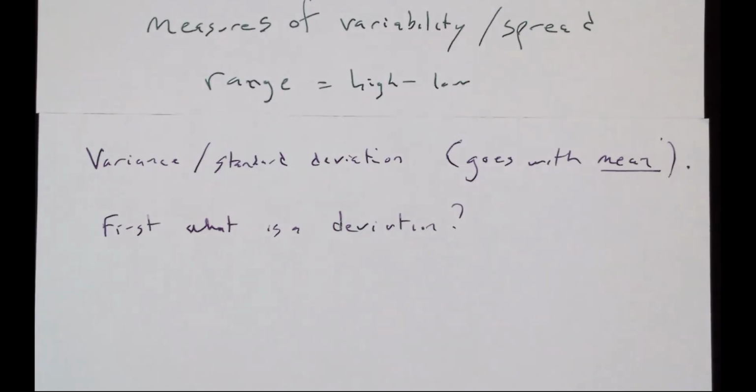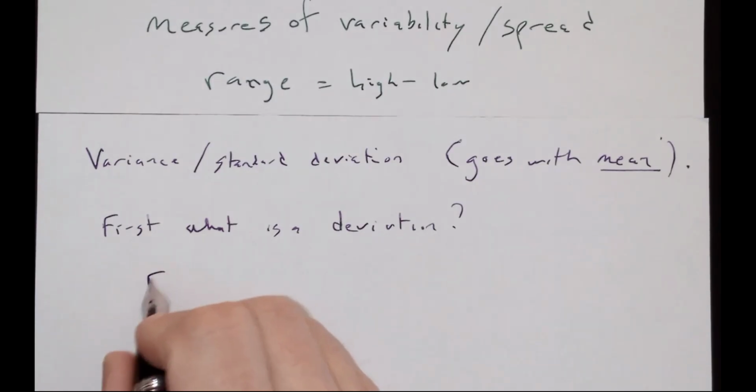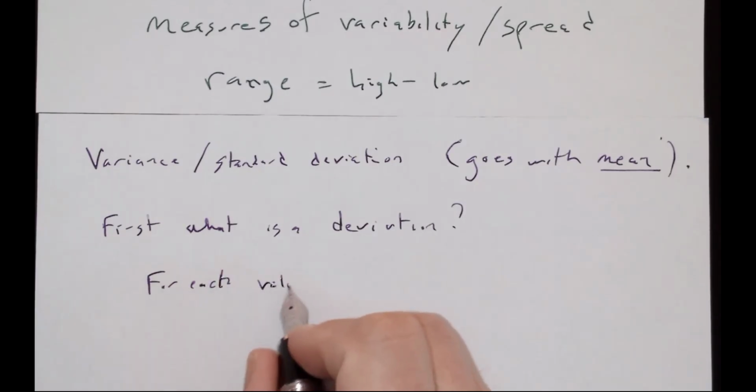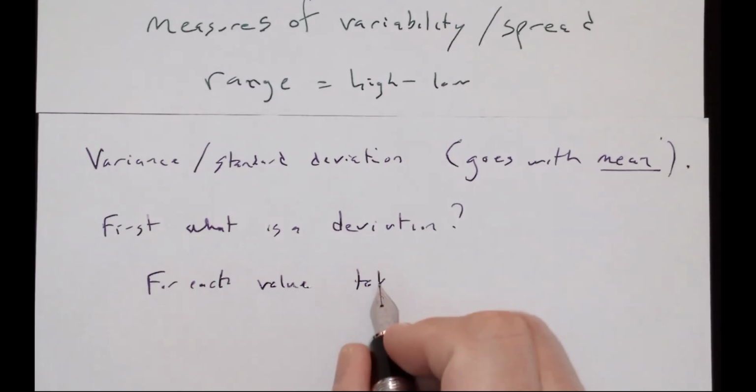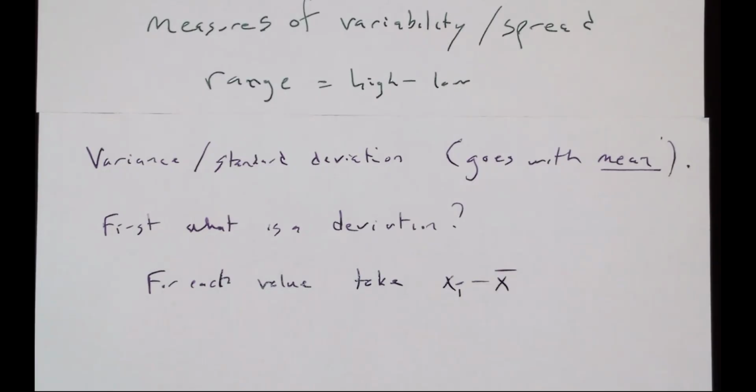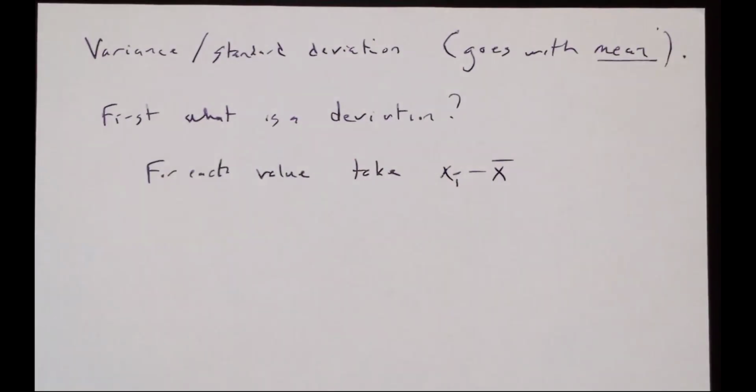So for each value, subtract the mean. And a deviation is measuring the distance from the average, right?